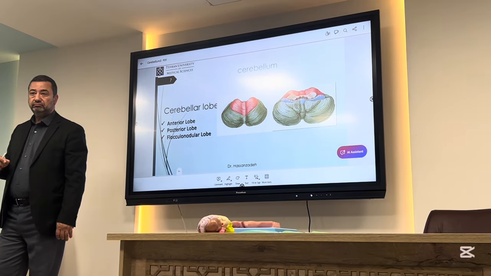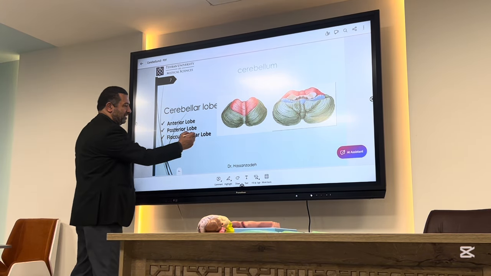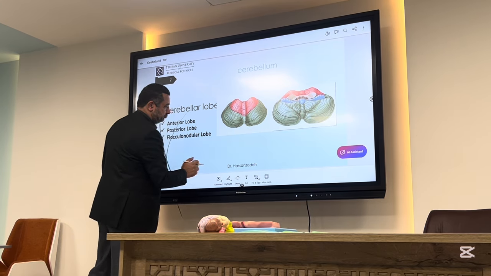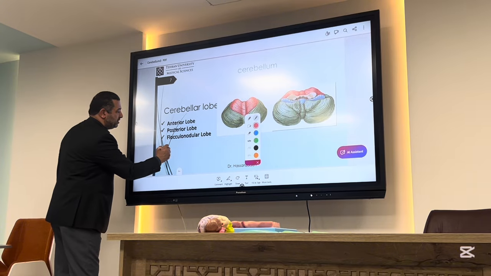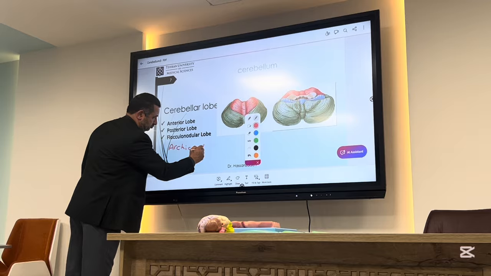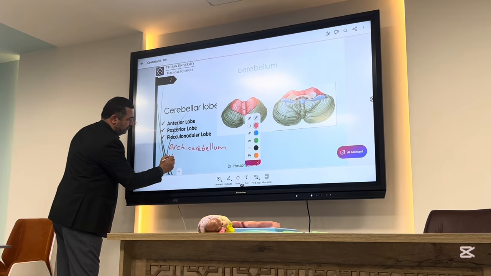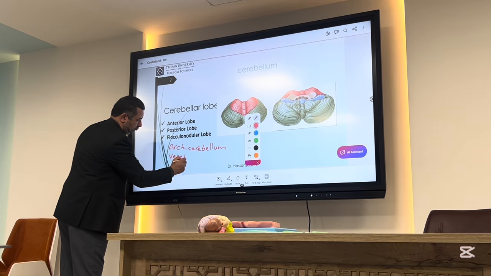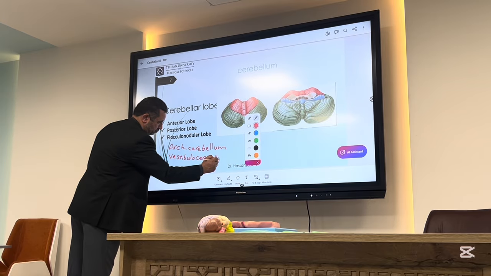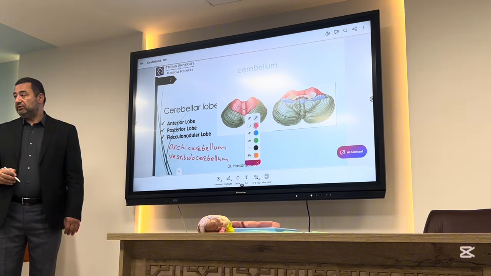Folliculonodular lobe has another name: archicerebellum or vestibulocerebellum.